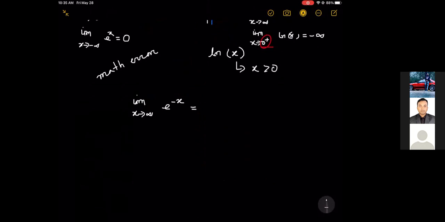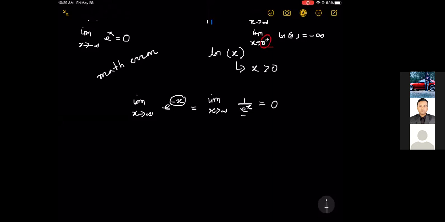So for e to the negative x, can you imagine anything? Because it's the negative exponent, or in other words, you can rewrite it like this. Where should it head towards? Should approach 0, wouldn't it? Yeah, it will approach 0. Very good.